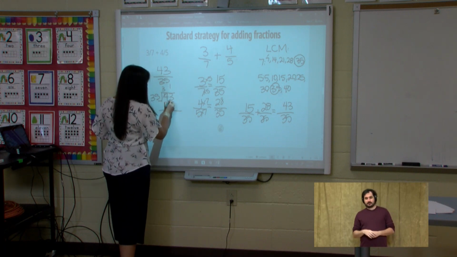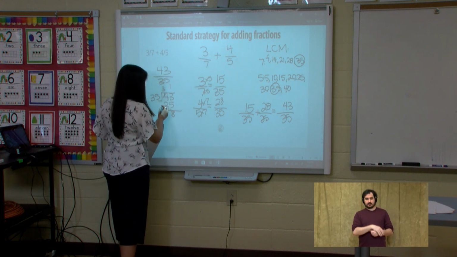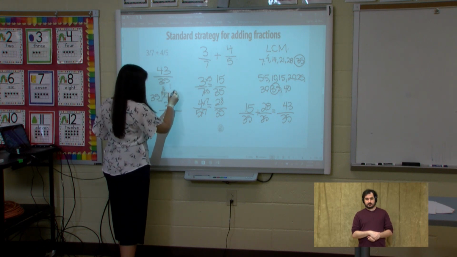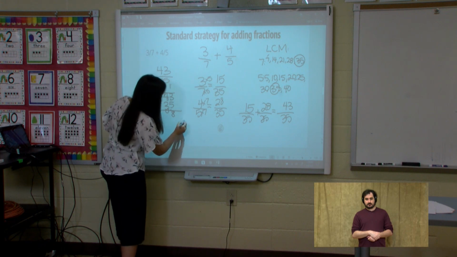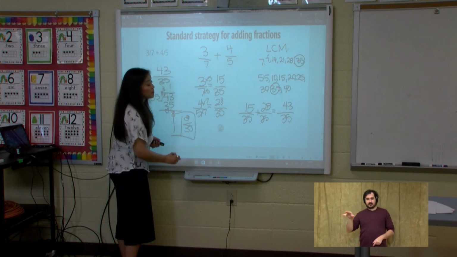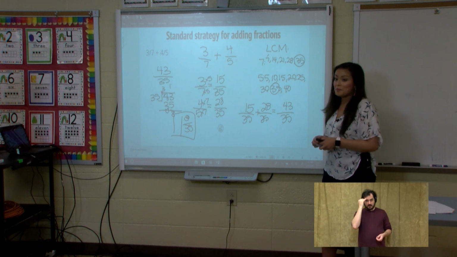So I get 43 minus 35, which gives me 8. And then, okay, so I have 1 and 8/35. So my answer is 1 and 8/35. That was a big problem, but if you know your multiples, then that'll really help you out.